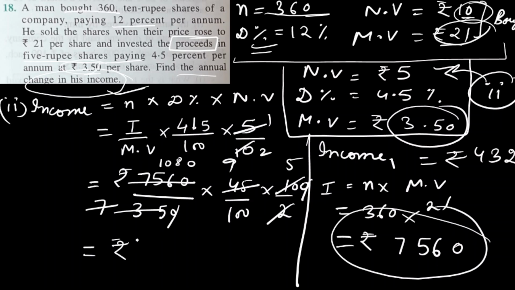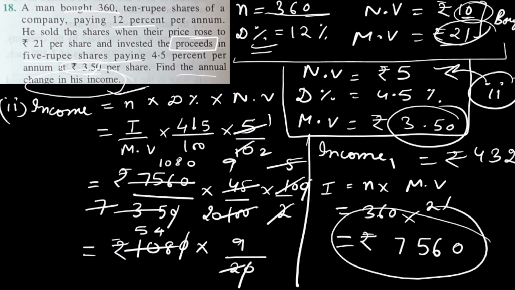I'll just write these things. It is 1080 into, and we will get 9 into 5, right? This I can cancel: 5 into 1, 5 into 20. So 9 by 20, and the 10 here got cancelled. 2 into 1, 2 into 5, 2 into 4.